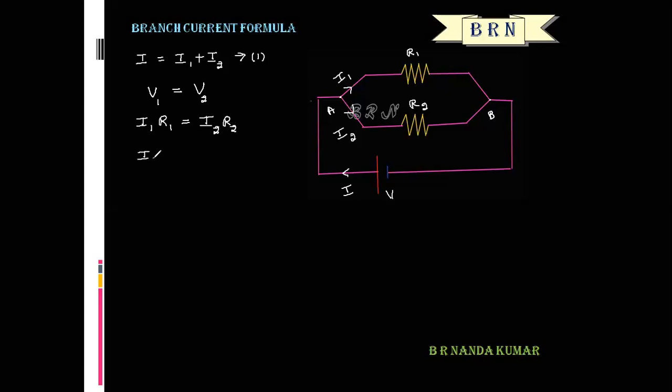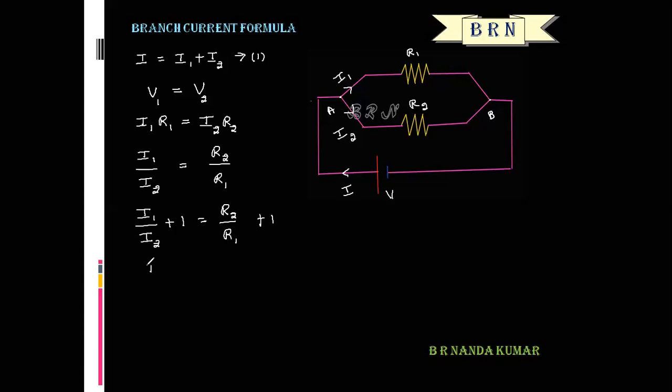So I1 divided by I2 is equal to R2 divided by R1. Now add plus 1 on both sides here. So I1 divided by I2 plus 1 is equal to R2 divided by R1 plus 1.